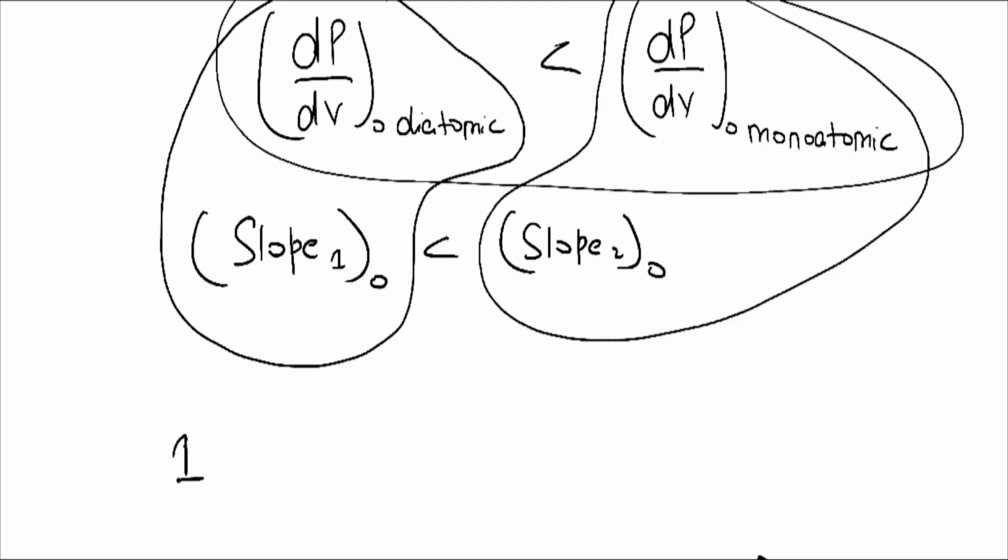So process 1 is diatomic and process 2 is monoatomic.